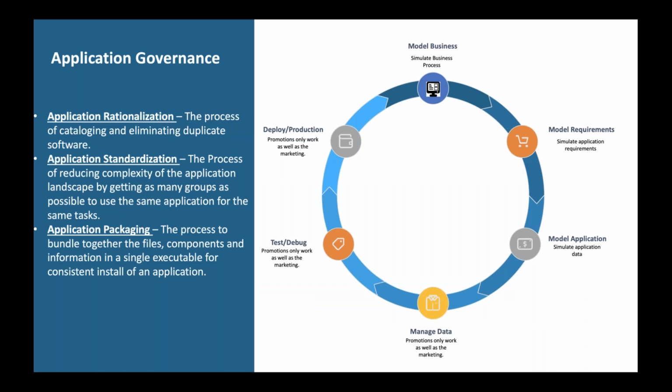As we dive into application governance, I want to touch on the three primary areas it focuses on. The first is application rationalization, the process of cataloging and eliminating duplicate software. If you look at your application catalog, depending on the maturity of your application environment, you may see a number of different Java or redistributable applications that are common prereqs for some of the core applications in the environment.